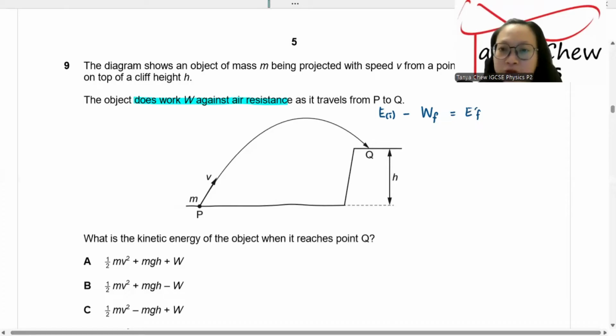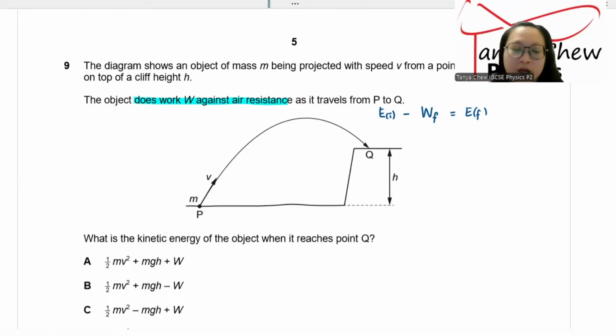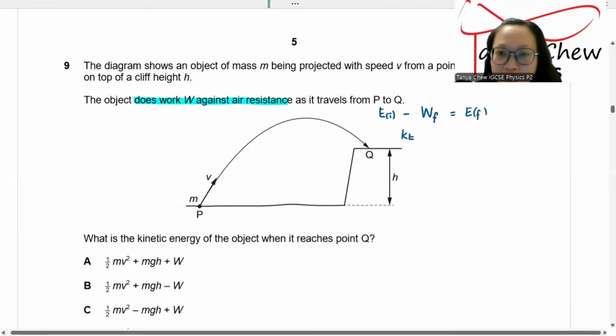So now I have to look at point P. When the object is at point P, since there's no height, the only energy the object has is kinetic energy. So I'm going to put KE minus work done against friction first.